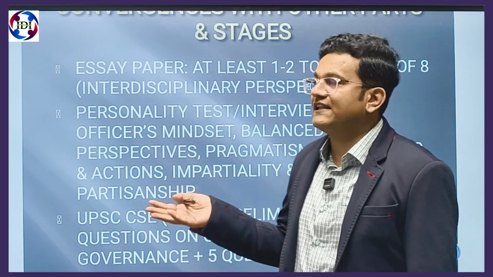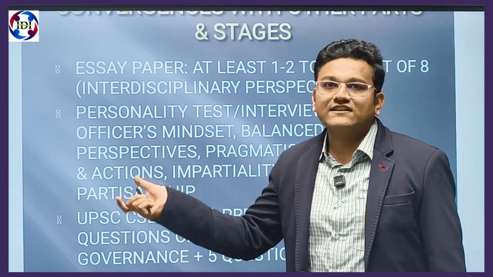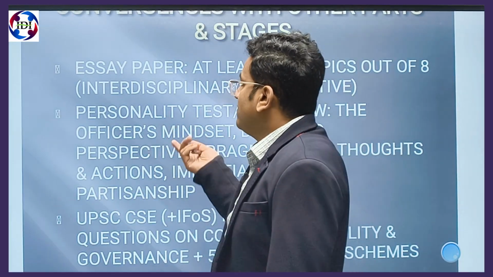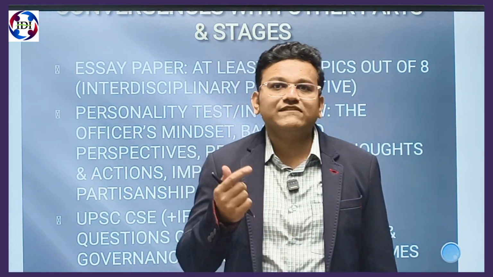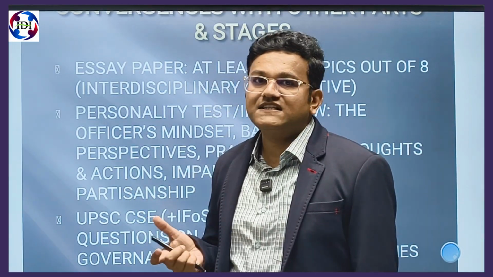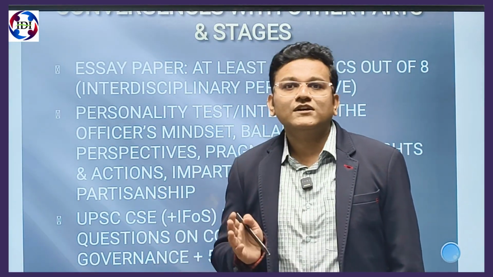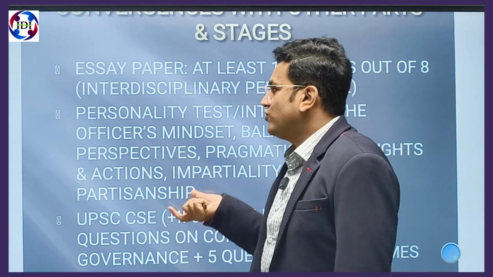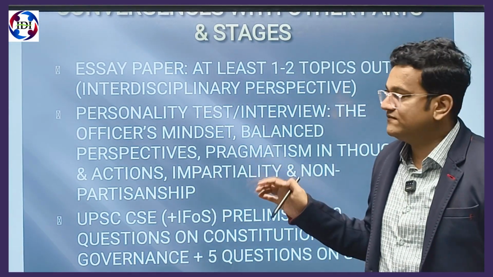If you are lucky, sometimes even 250 marks you can score with public administration interdisciplinary knowledge, and that is why I could consecutively score good marks in essay. My highest mark in essay was 154 out of 250, and that was the highest score. Not even toppers could get that score.